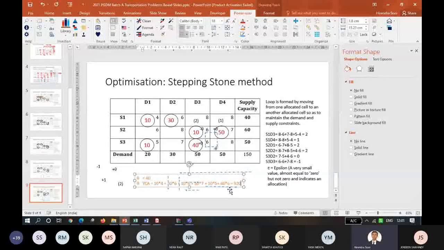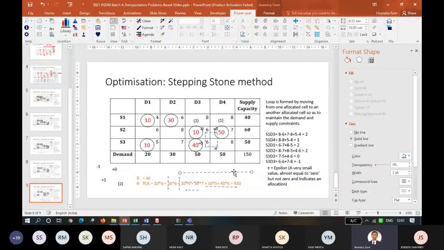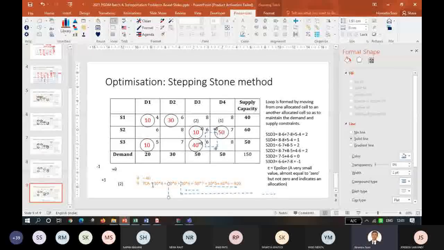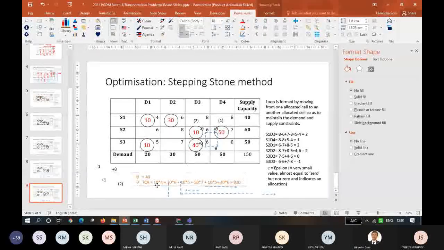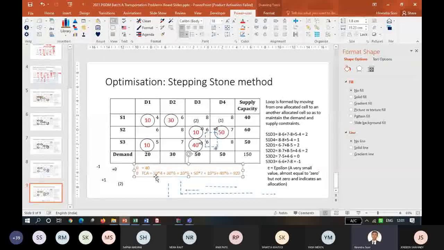So that means our cost has reduced further. Fine, na? आप क्या करेंगे? What would be the next step since our cost has reduced further?